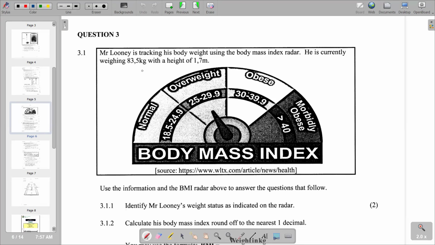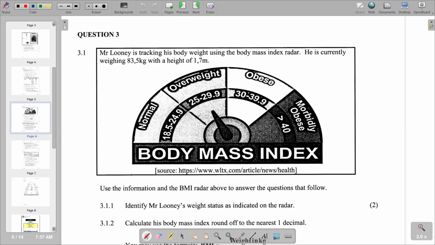Question 3 reads, Mr. Looney is tracking his body weight using the body mass index radar. He's currently weighing 83.5 kg with a height of 1.7 meters. So we have got the body mass index radar given there.